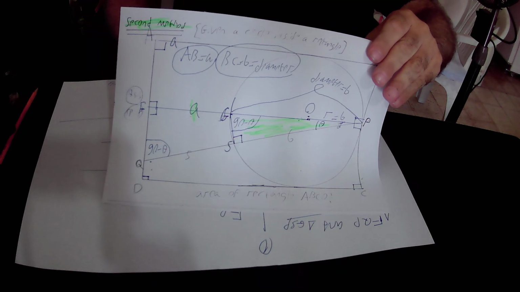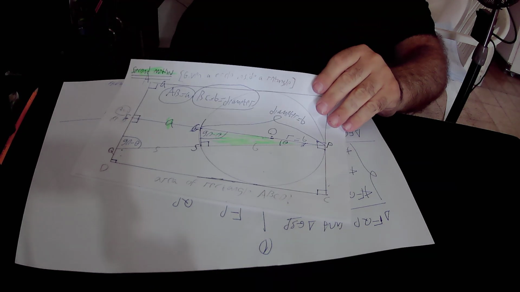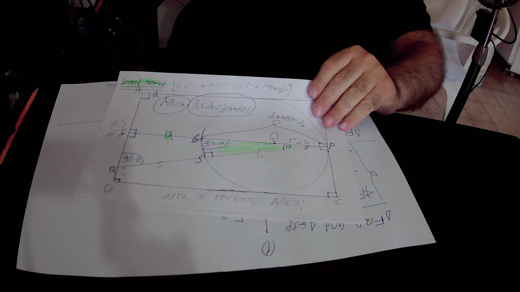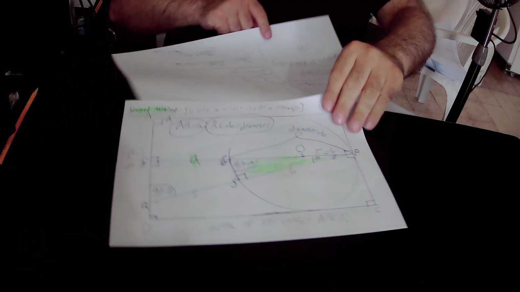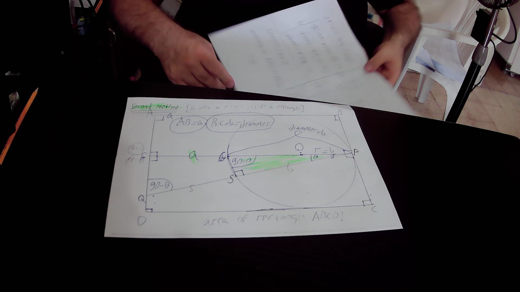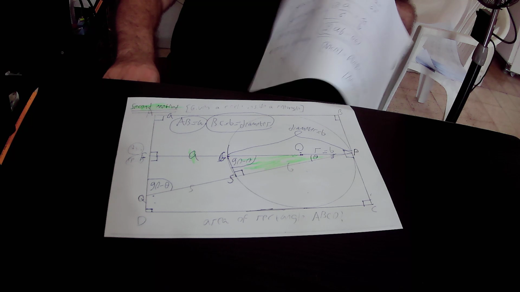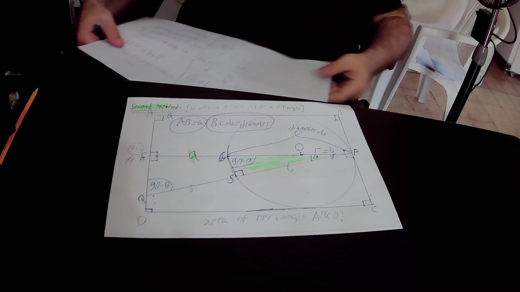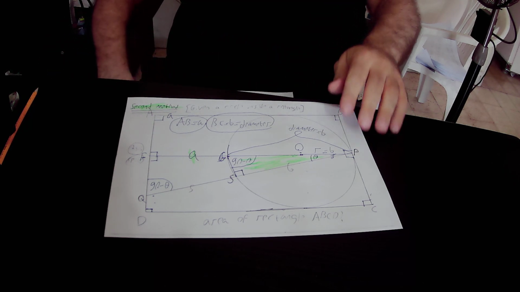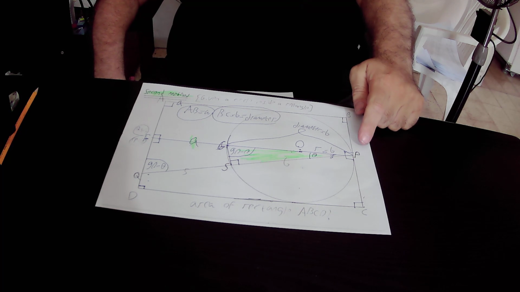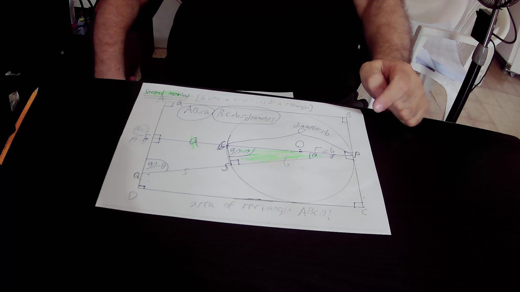In the second method, we define the center of the circle as O. Point O is the center of the circle, point P is a point on the circle itself, therefore OP is the radius.